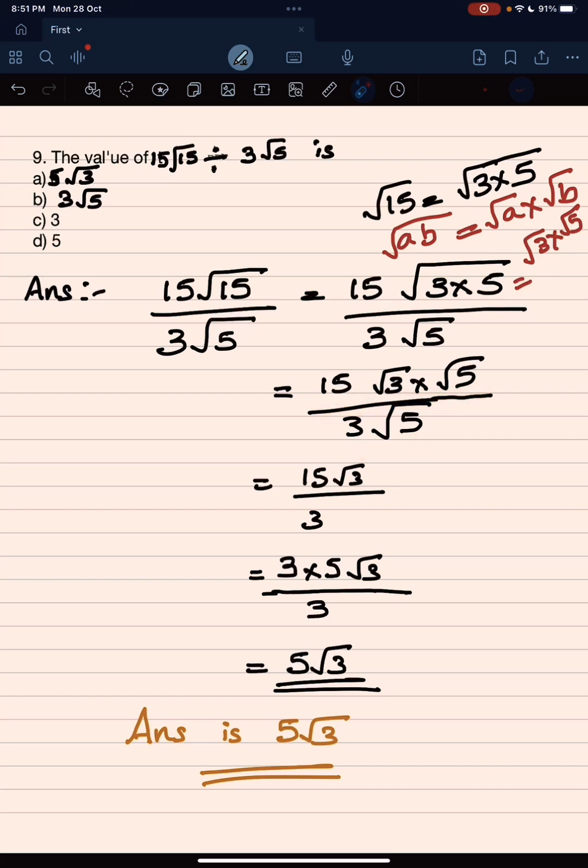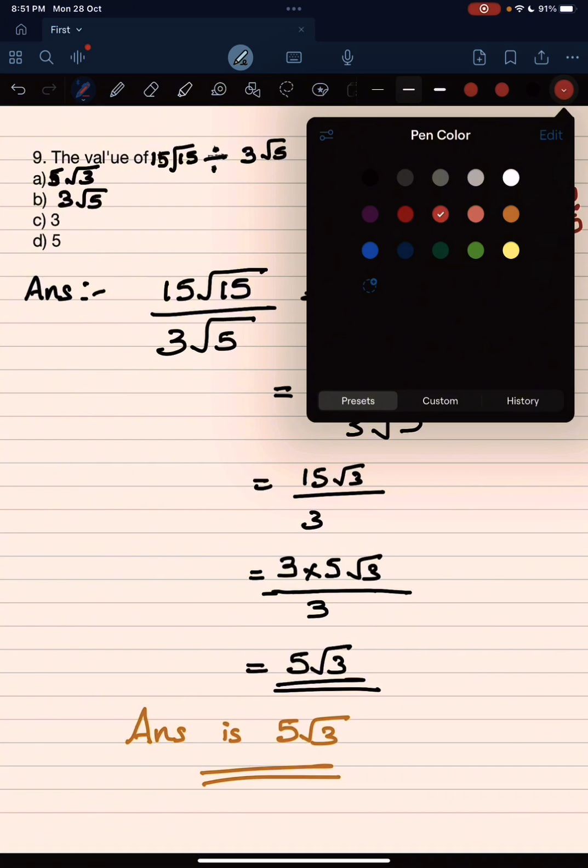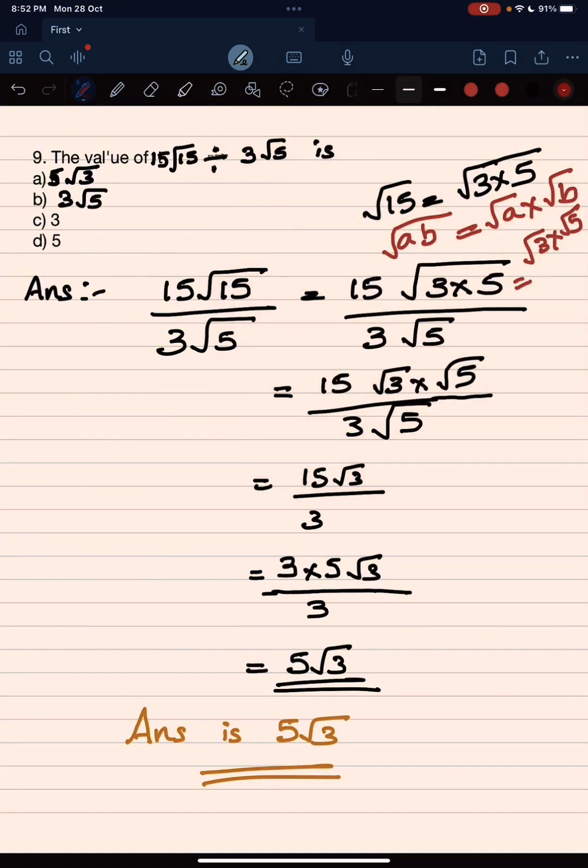So here we have the common number root 5 and root 5. So we can cut these two numbers, root 5, root 5. So this is equal to 15 root 3 by 3.